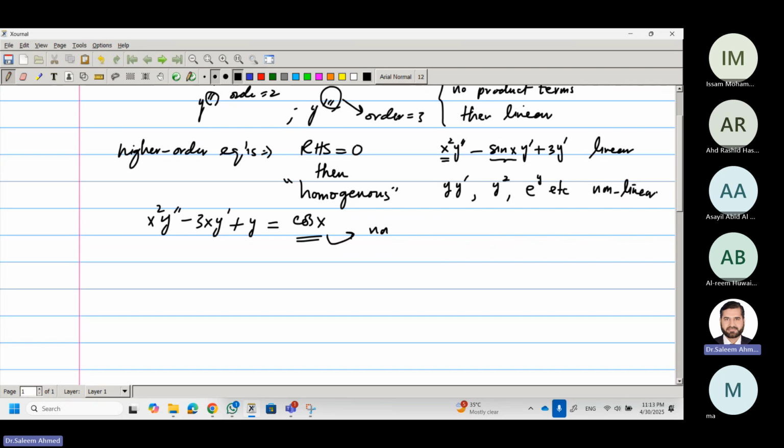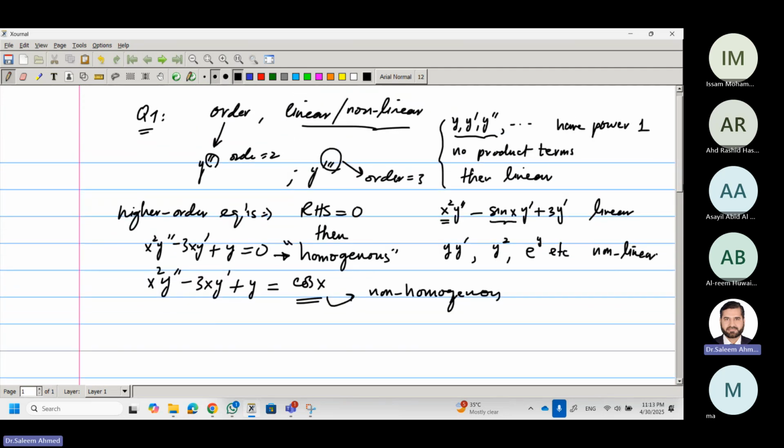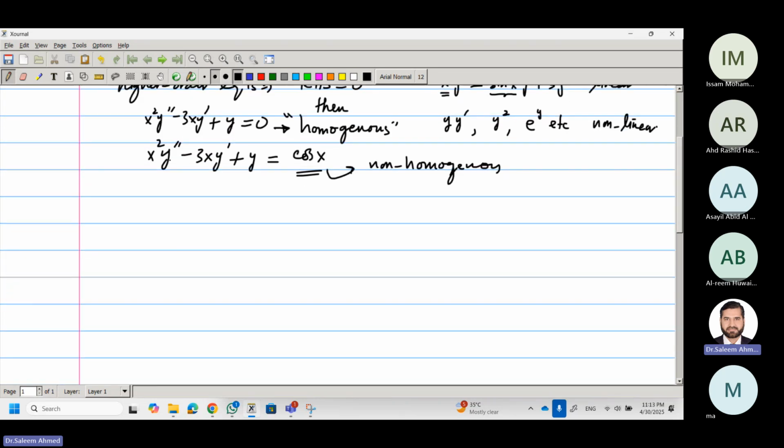Then it means the equation is non-homogeneous. If you have the same thing equal to 0, then it is homogeneous. If it is not 0, it's not homogeneous. Okay, so these are just simple definitions about linear, nonlinear, homogeneous, non-homogeneous, and the order. You don't have to solve anything here.